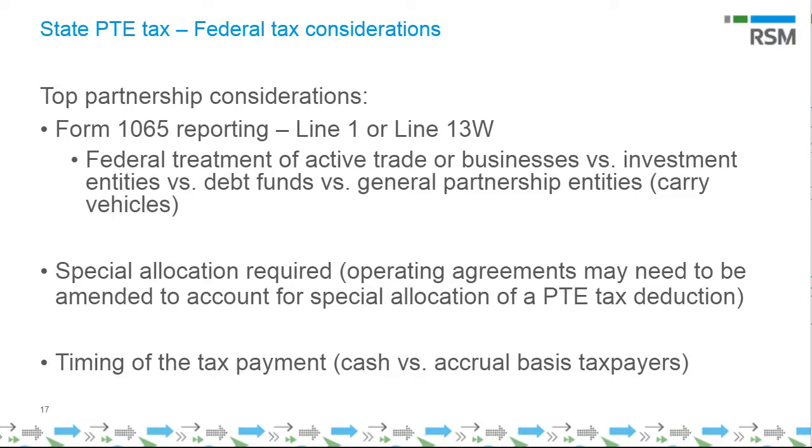But it provides that these payments, and the term is specified income tax payment, is any amount paid by a partnership or an S corporation to a state, political subdivision of a state, or the District of Columbia, which they call your domestic jurisdiction, to satisfy the liability for income taxes imposed by the domestic jurisdiction on the partnership or the S corporation. It doesn't include income taxes imposed by U.S. territories or political subdivisions.